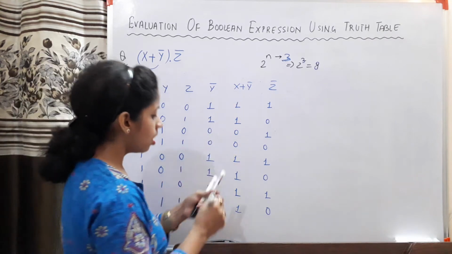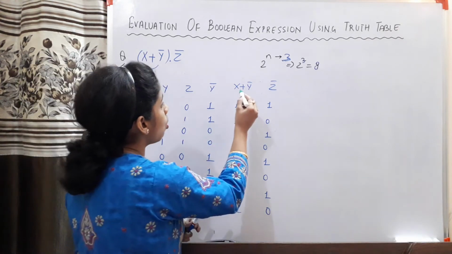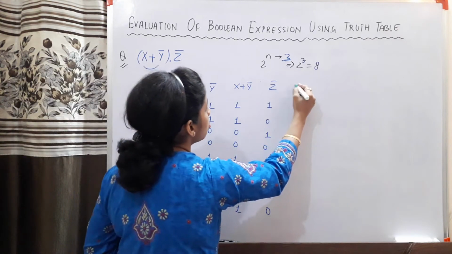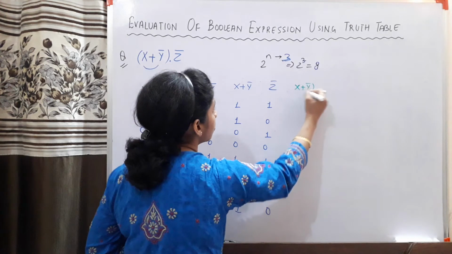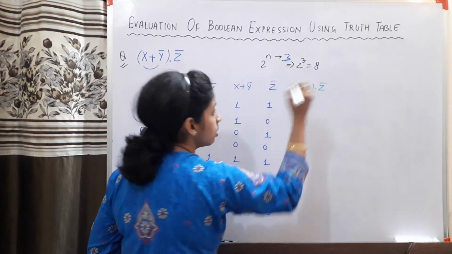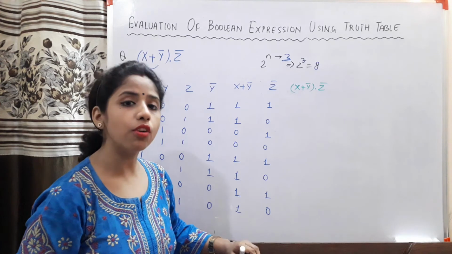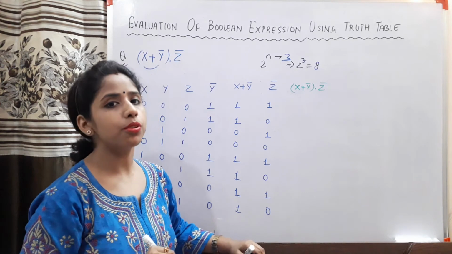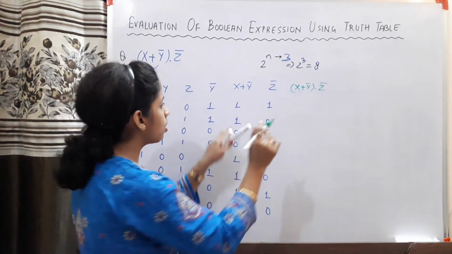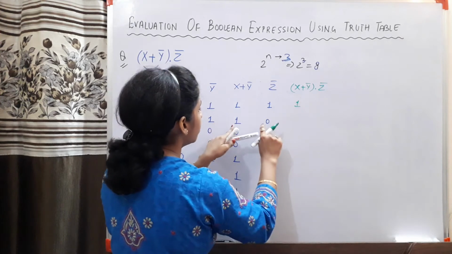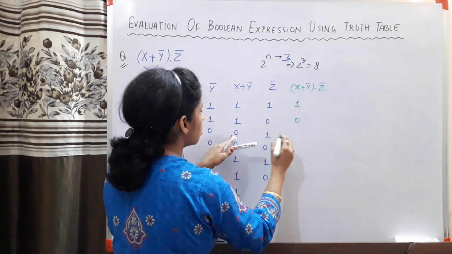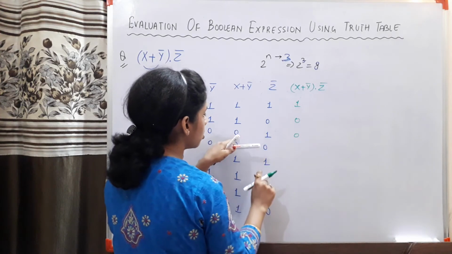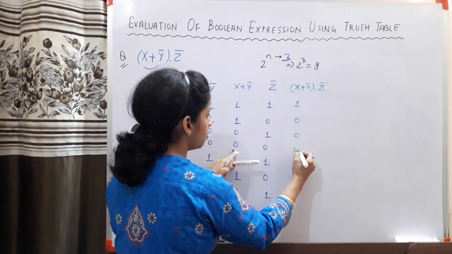Now you have to perform AND of these two columns. So my third column will be dot z bar. And in case of AND, what happens? Even if one of the inputs is 0, the result will be 0. So apply the same. Here it will be 1. Here it will be 0 because this is 0. Here also it will be 0 because this is 0. Here it will be 0.